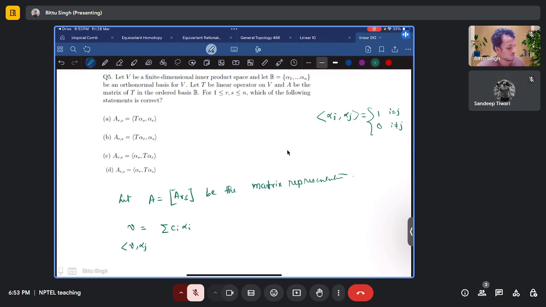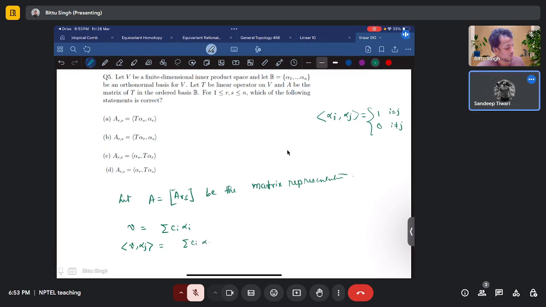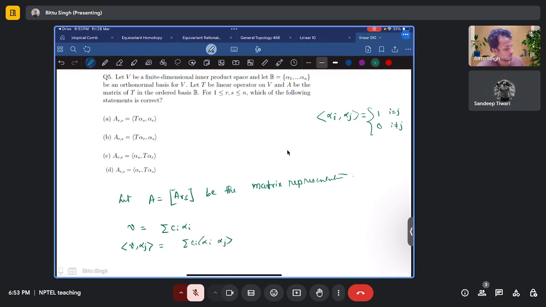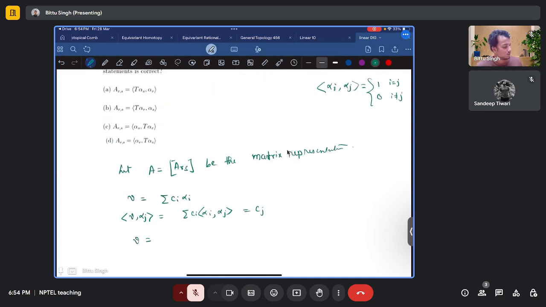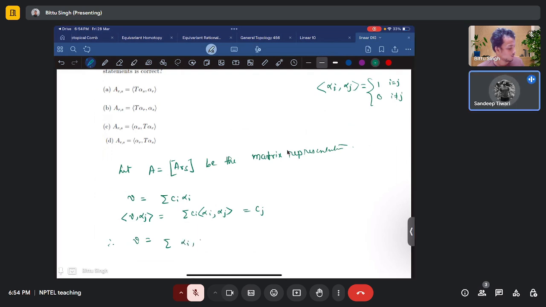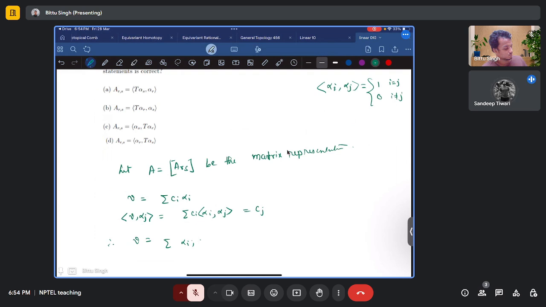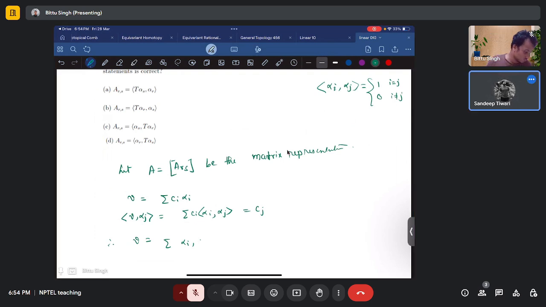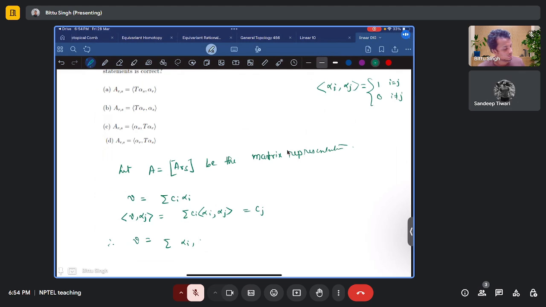Taking the inner product with alpha j, that will give you the sum of Ci times the inner product of alpha i and alpha j. Only we get Cj. Therefore, any element phi can be written as the summation, i from 1 to n, of the inner product of V and alpha i, times alpha i. So Cj, let me write as j equal to 1 to n, Cj alpha j.